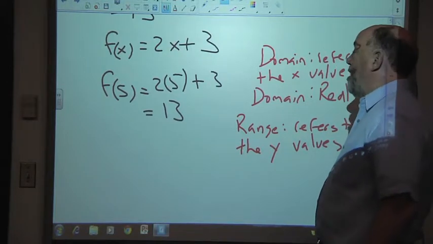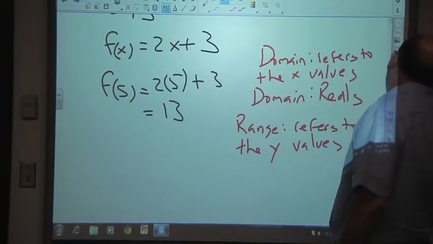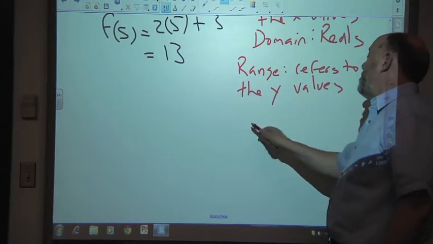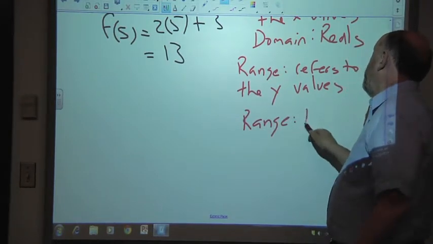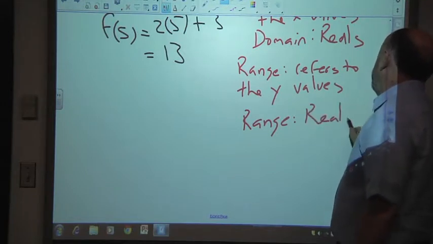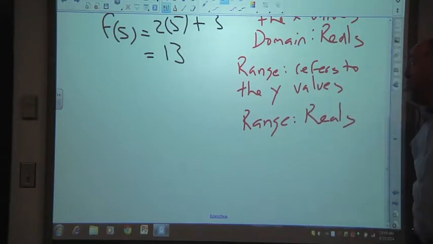I can get 0 out of that. I can get positive numbers out of that. So my range here is also going to be all reals. So in this case, my domain is reals, my range is also reals. Right? So again, domain refers to the x, and range refers to the y numbers that you come out.